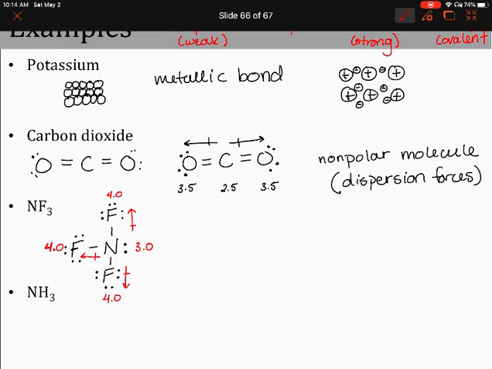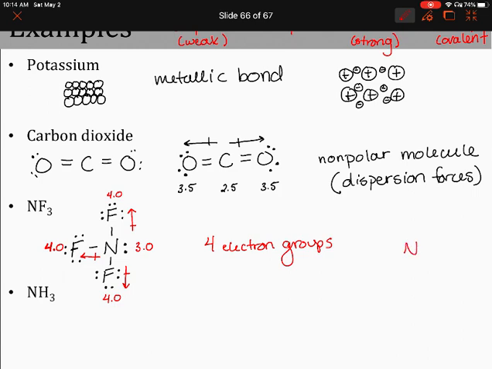Hopefully you said 4, because remember, we're going to treat lone pairs and bonded atoms as the same. So we have 1 lone pair and 3 fluorines, which means we have 4 electron groups. Which shape would this molecule have if there are 4 electron groups surrounding nitrogen? Hopefully you said tetrahedral.